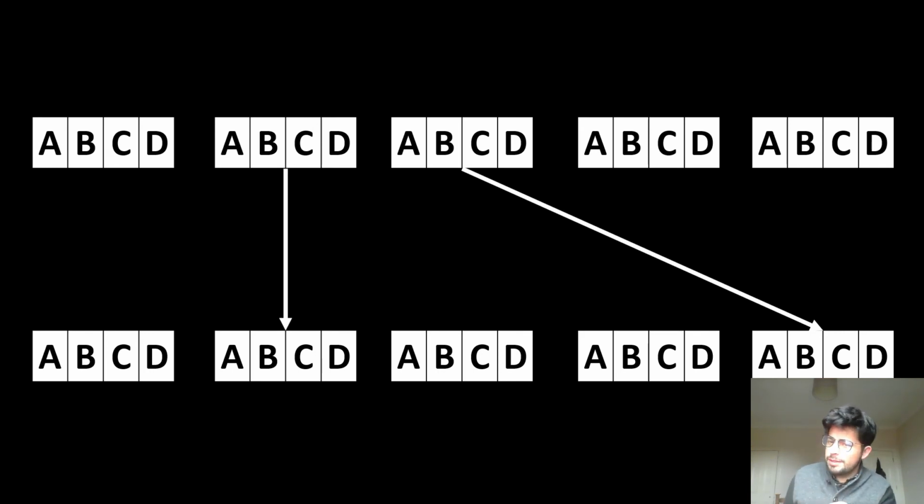There are many different ways to do it, and I could spend hours talking about it. But you can select those two best ones and make copies of it, exact copies, because we choose the elite. We don't want to lose these good genomes.